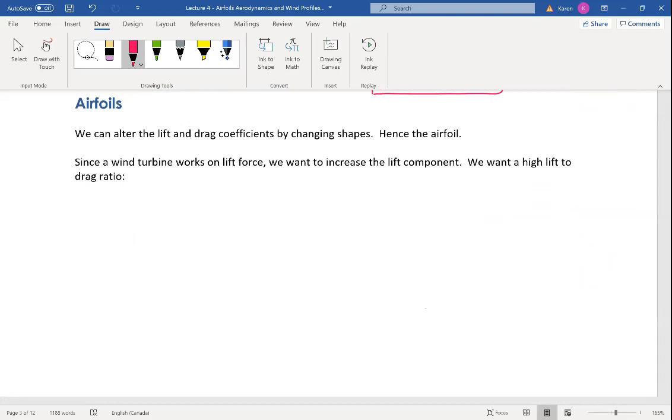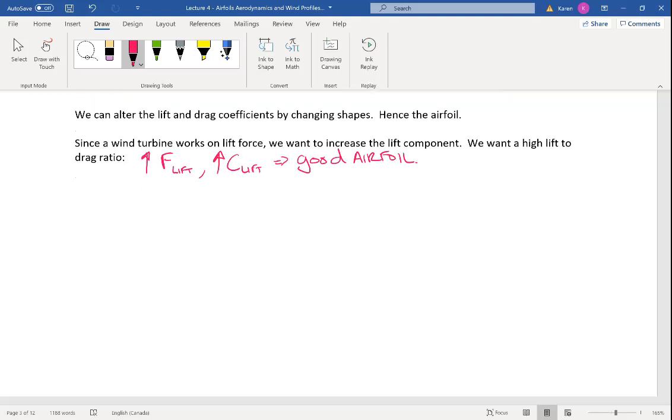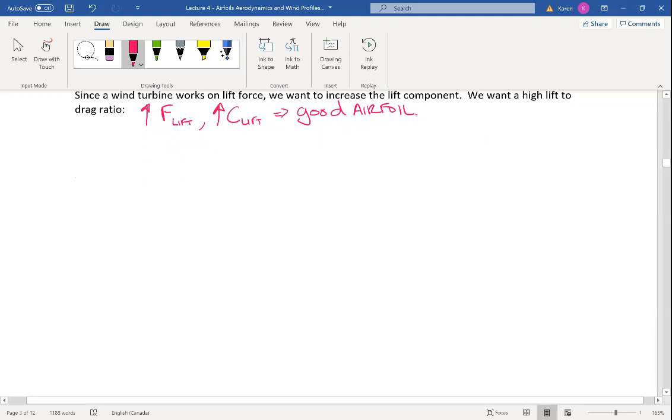So high lift force, high coefficient of lift is what a good airfoil has. So an airfoil is the shape that is on airplane wings as well. And of course, you want good lift in an airplane wing.